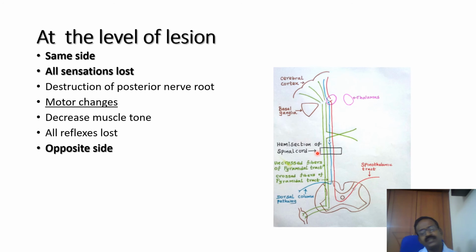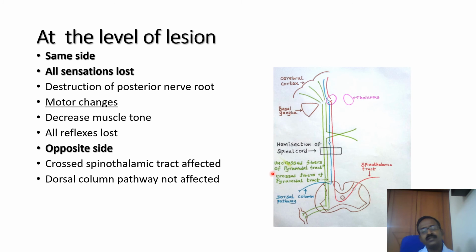On the opposite side at the level of the lesion, the crossed spinothalamic tract is affected, so pain, temperature, and crude touch are affected. The dorsal column pathway is not affected, so fine touch, two-point discrimination, tactile localization, stereognosis, proprioception, and vibration sensations are intact.